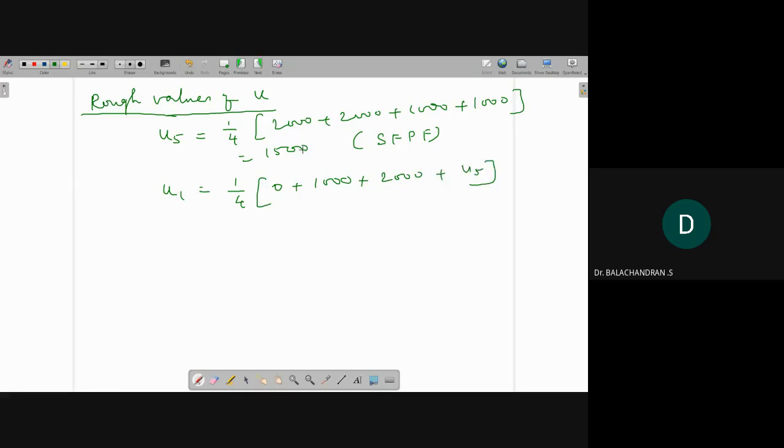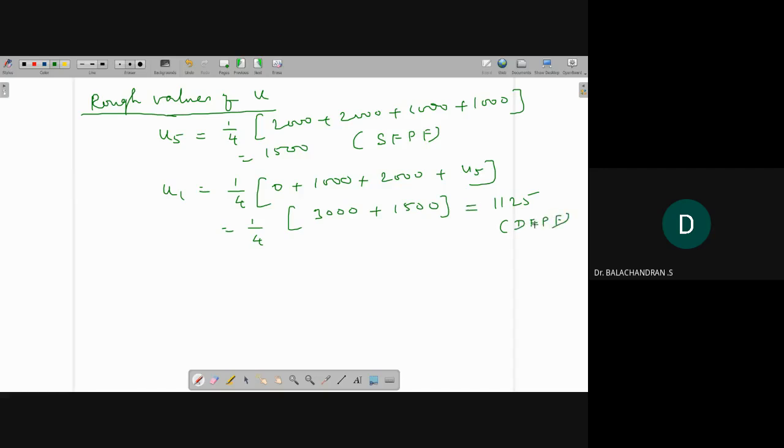U5 is 1,500. So this is 3,000 plus 1,500, so 4,500 divided by 4 equal to 1125. So here I am using the diagonal 5-point formula.